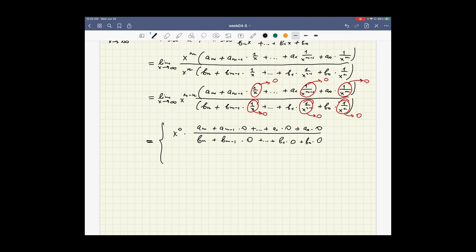Now, if m is greater than n, so m minus n is positive, x to the power m minus n, which is x to a positive power, will always be an infinitely large quantity. And it doesn't really matter that these go to 0, because the fraction always goes to a sub m over b sub n. The fraction always approaches the ratio of the leading coefficients.